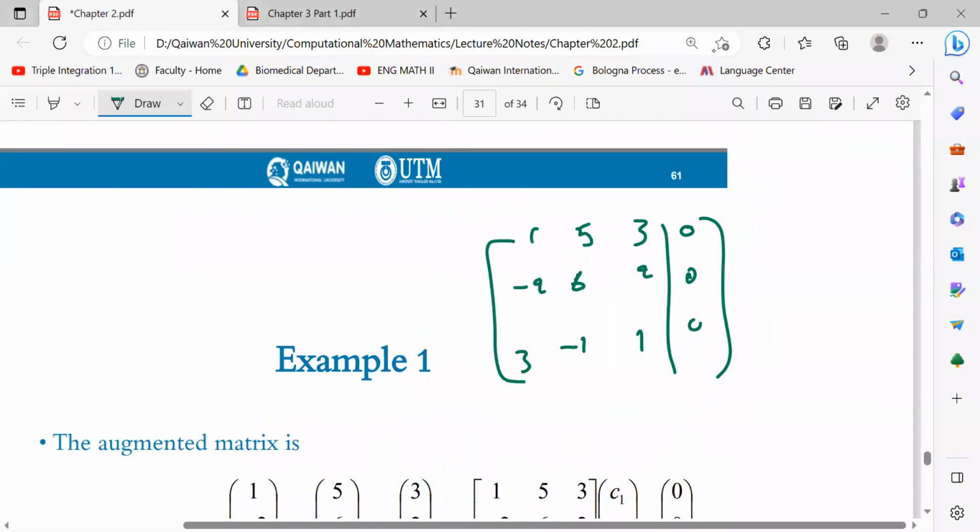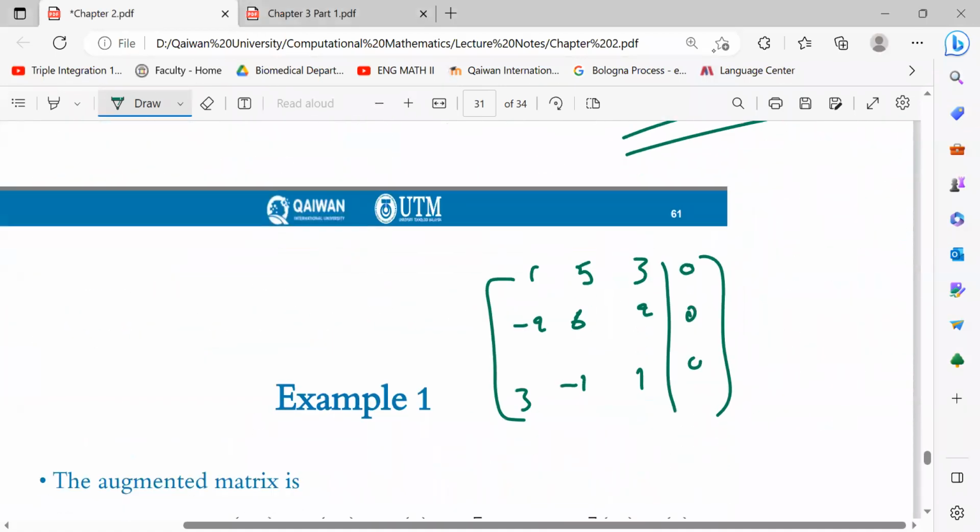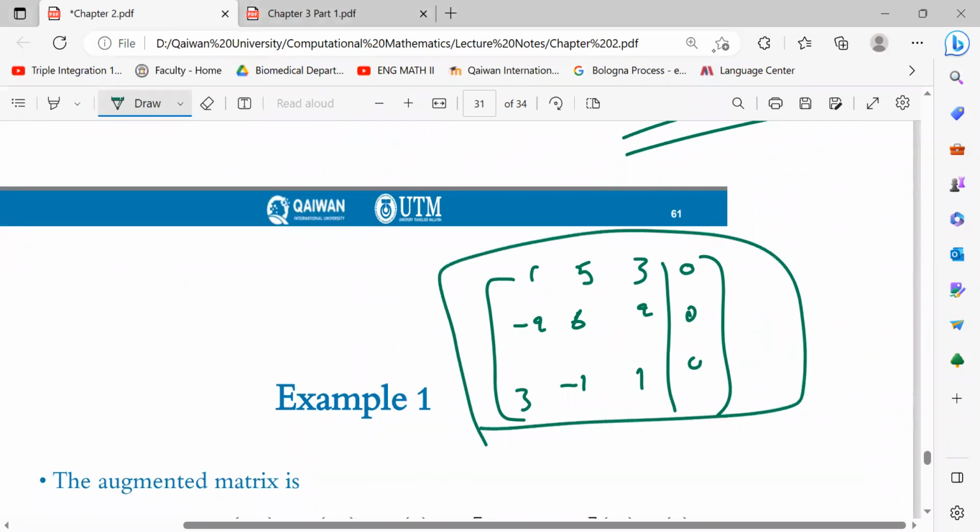Here, we said we are going to write down the augmented matrix for the system. Now we apply the reduced row echelon form for this system.